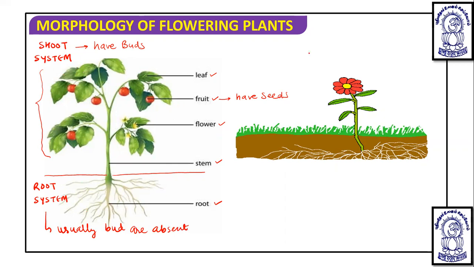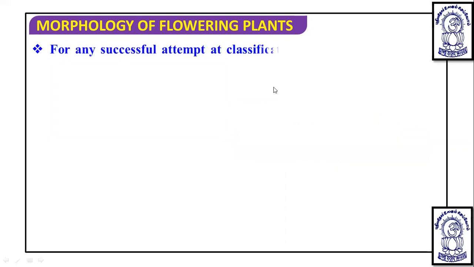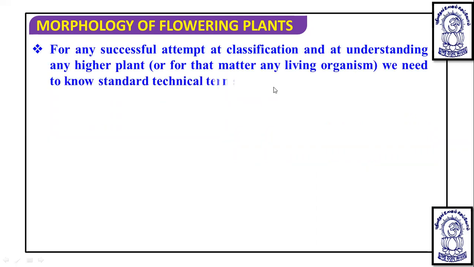So if we keep on studying this, we come to know that for a successful attempt at classification, and at understanding any higher plant, or for that matter any living organism, we need to know the standard technical terms and standard definitions.